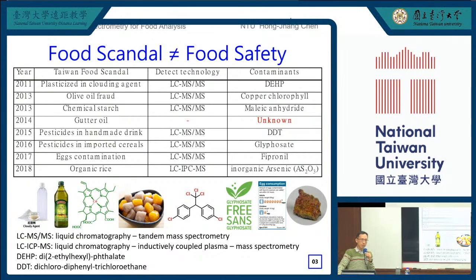Nowadays, there is no regulation on plasticizers in food because we were born in a highly processed era. So all of the materials contain plasticizers, even water. So it's very difficult. But in that year, they used a machine called LC-MS to detect the contaminant, the so-called DHP, a plasticizer.